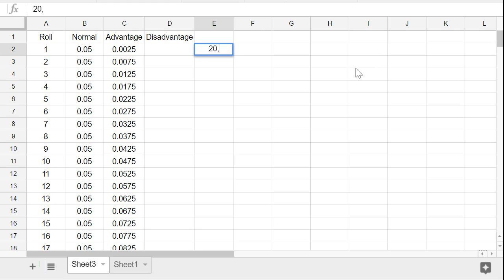Because even if you roll 20 and a 1, that still counts as a 1. And then 1, right? So that's not so nice. Maybe if we, 2 times 19 minus 1. Let's put that there for now.